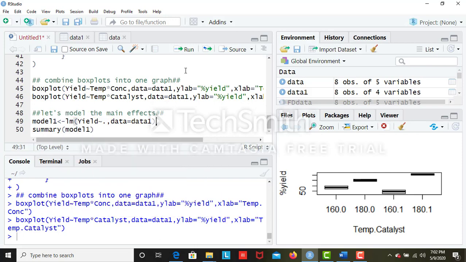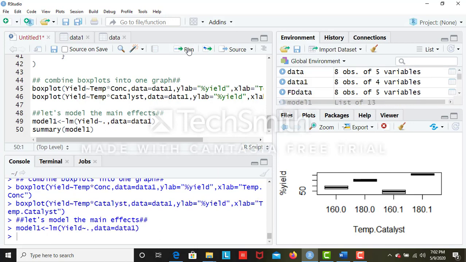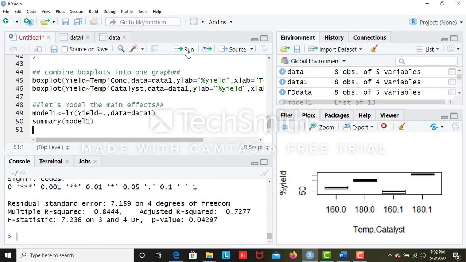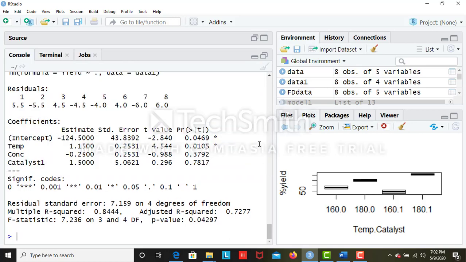So I'm going to run this and see what the model looks like. Let me look at the summary. Alright, so I have the summary of the model right here.